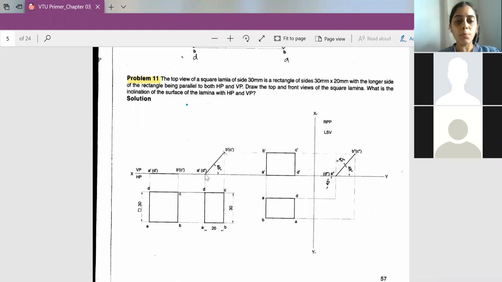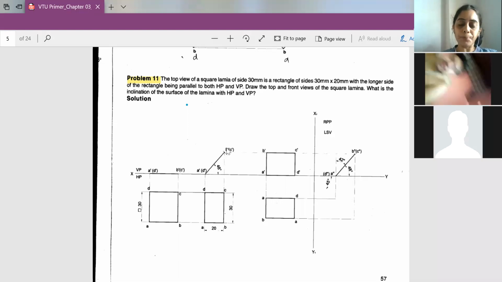Fix one end of the compass over here and cut an arc on the locus of BC. So it joins somewhere. Then you join A dash, D dash to B dash to C dash. So this will be our front view.